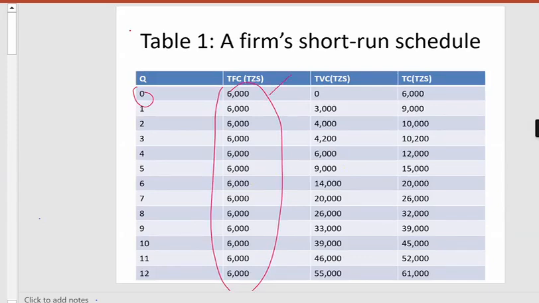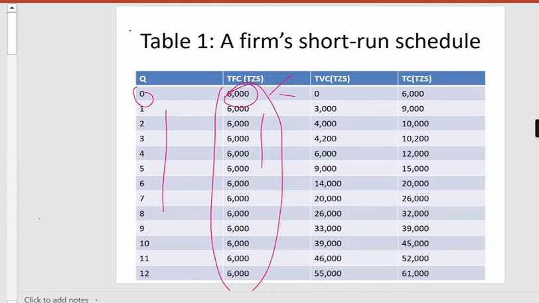Utahitaji kununua ardhi, utahitaji kununua labda vitendea kazi kama capital. That total amount is the fixed cost and it does not vary. Kadri unavyozalisha zitabaki kuwa recorded kama hizo. If it is 10,000, it will remain as 10,000 regardless of what you produce. That is the short run cost.